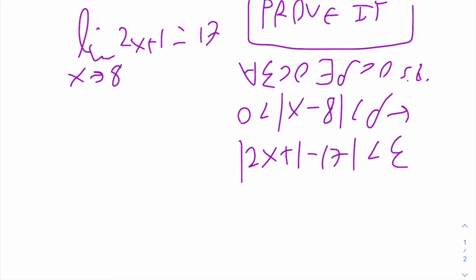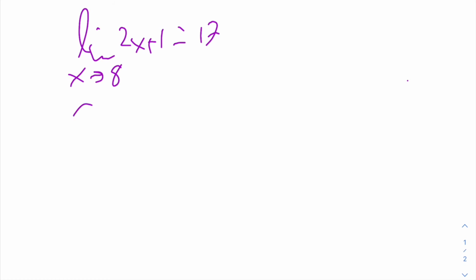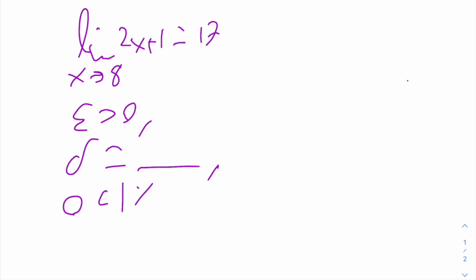So here is our definition for this specific limit, right? We first want to write our givens. The givens are that epsilon is greater than 0, delta holds some value, and the distance between x and 8 is less than delta.